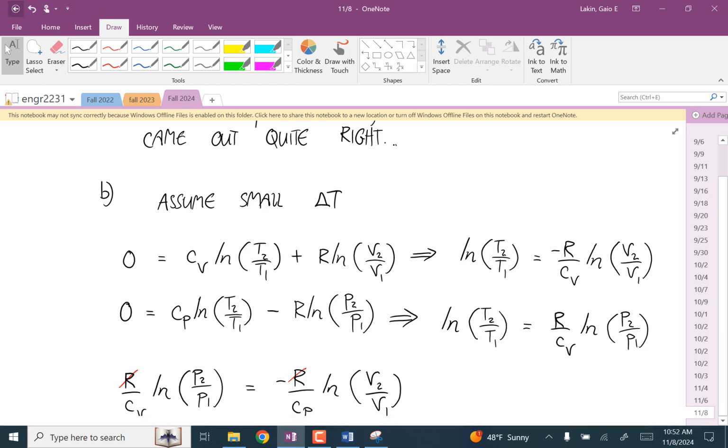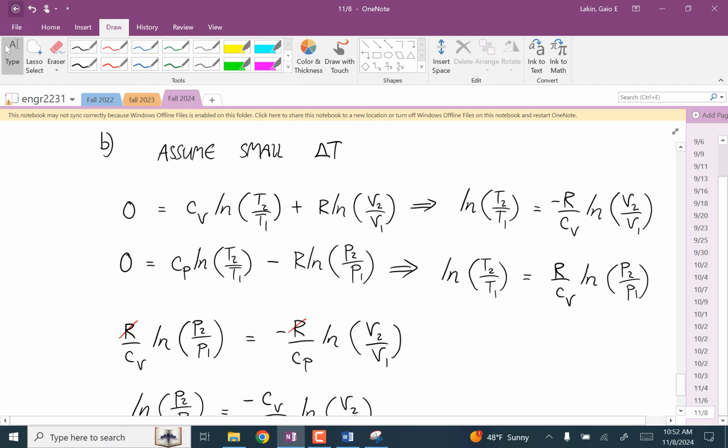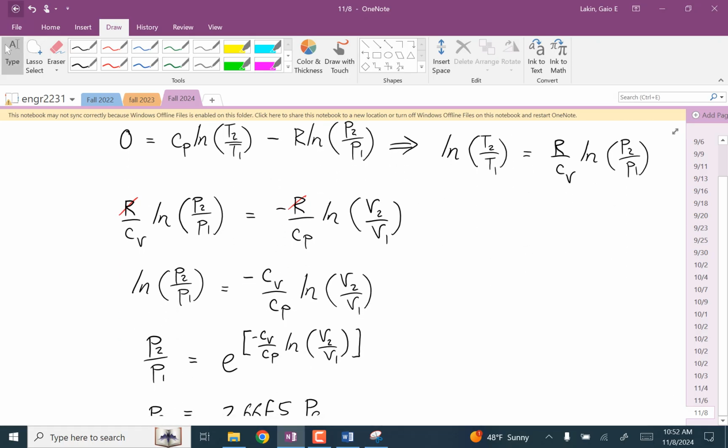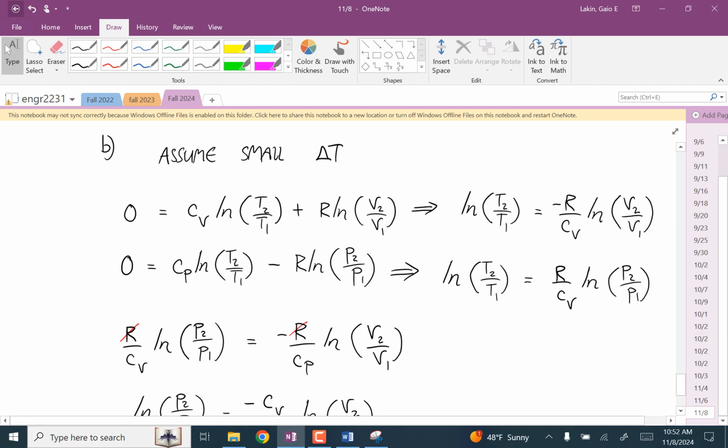And in that case, you have equations you can use to calculate relationships between temperature and pressure, temperature and volume, or volume and pressure. Other than that, this part of the derivation you should get comfortable with. It's really just manipulating logs and exponentials.